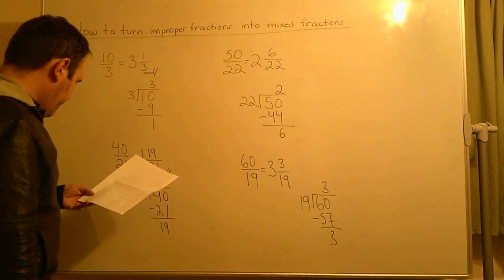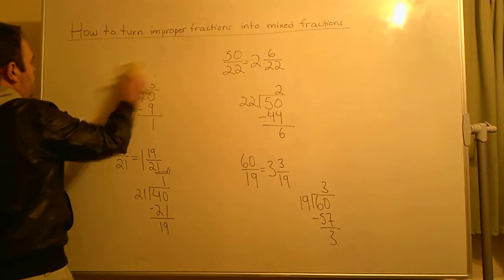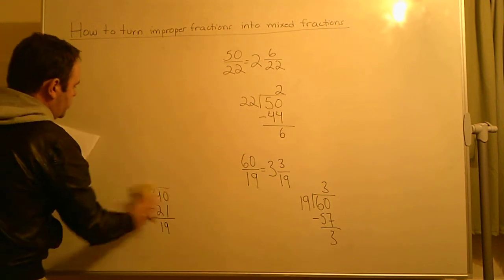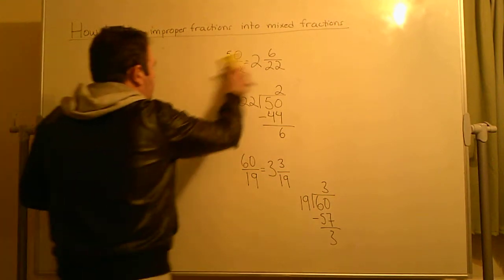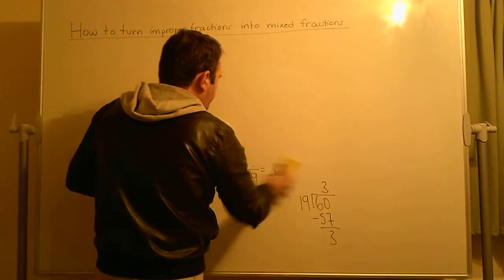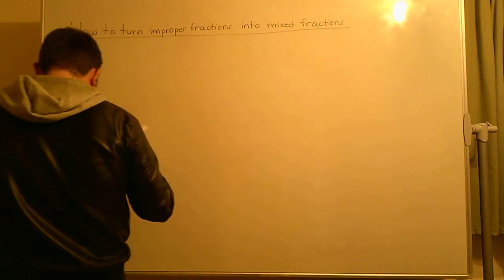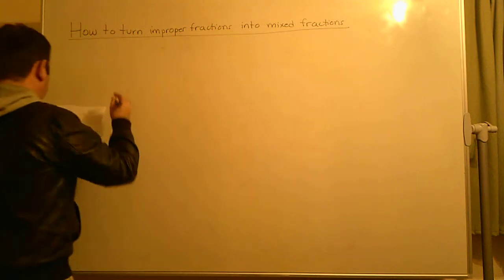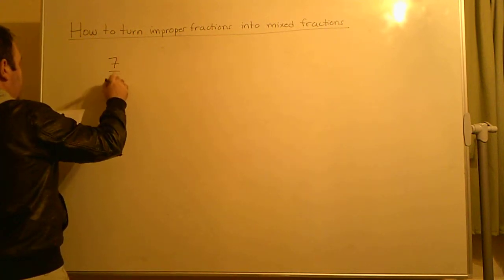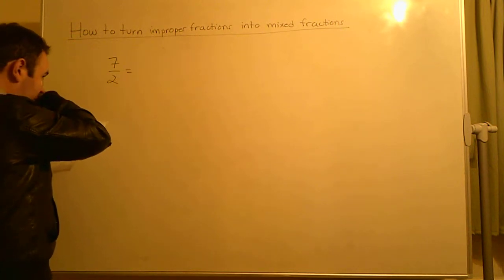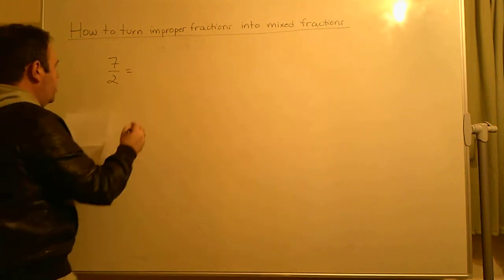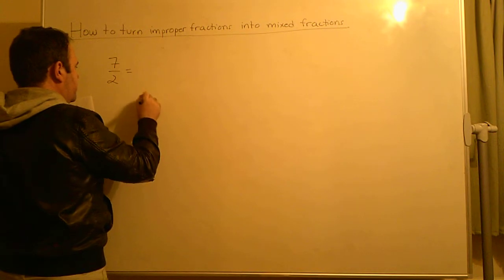Okay, another example. Seven halves. So we need to divide 7 by 2.